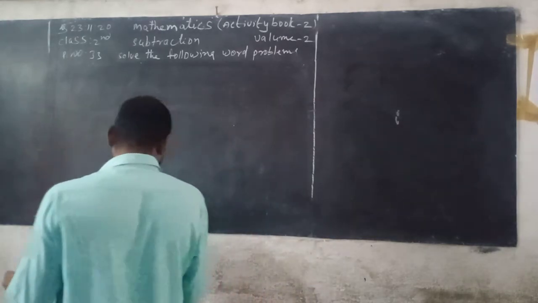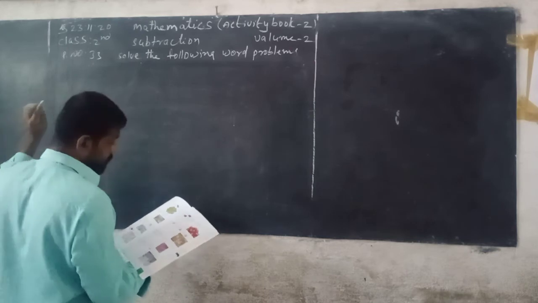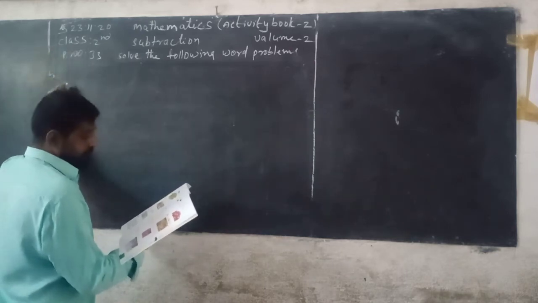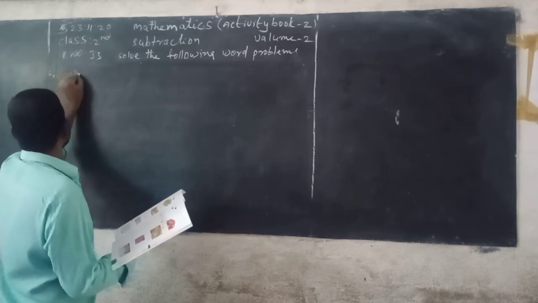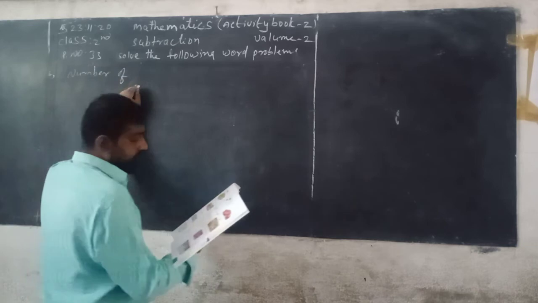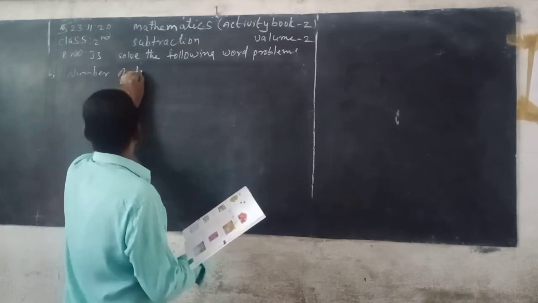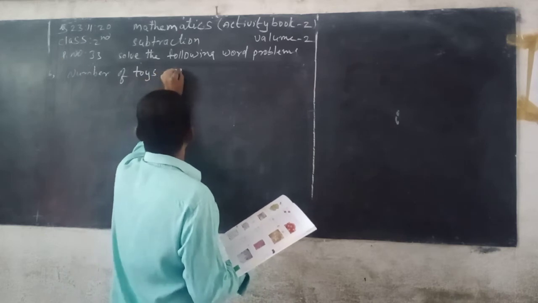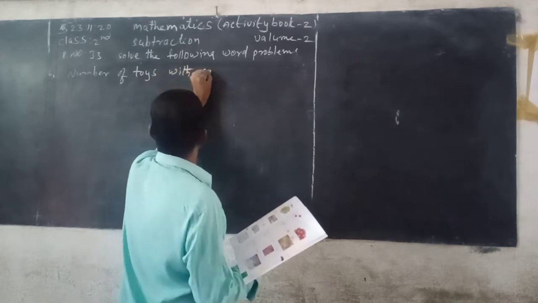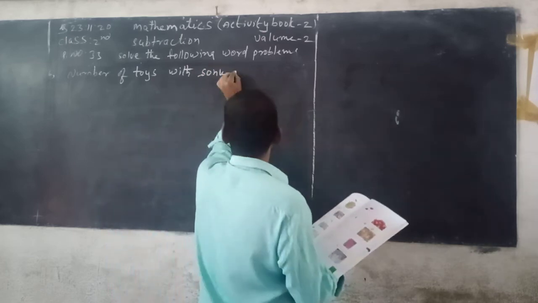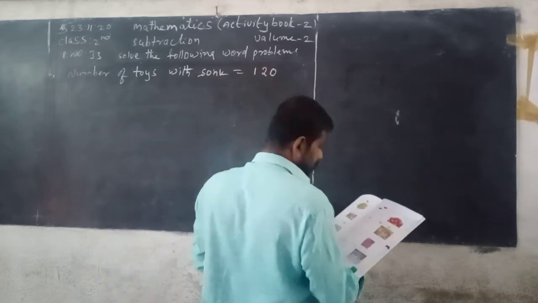See, write down. Number of toys with Sonu is equals to 120.